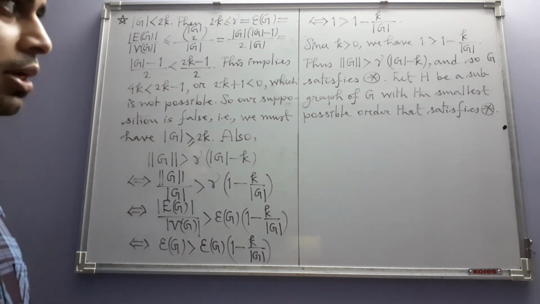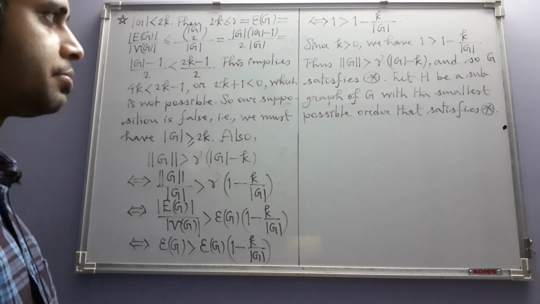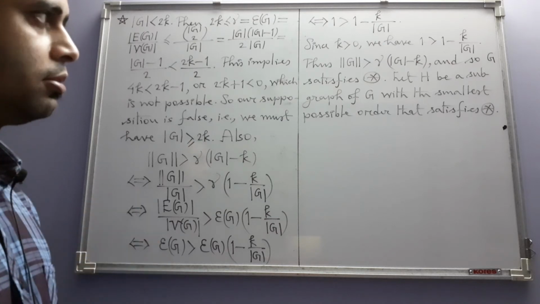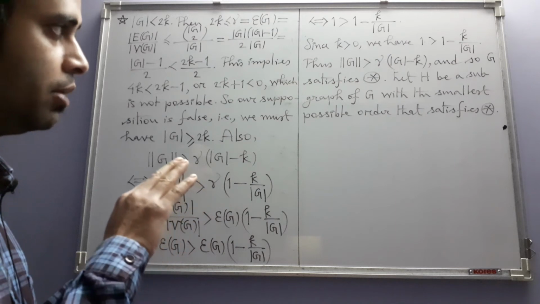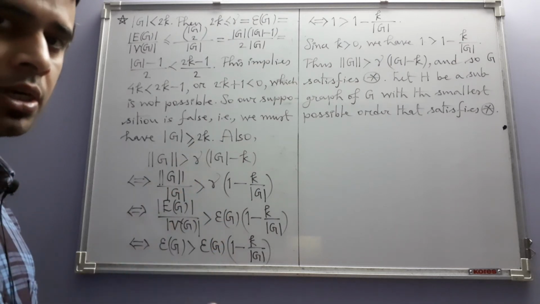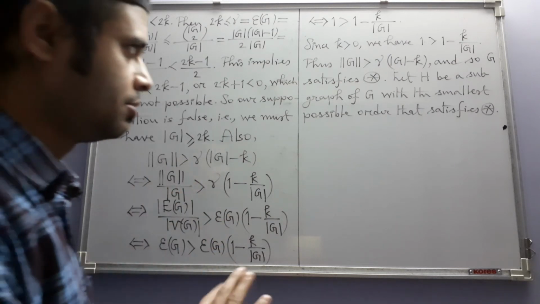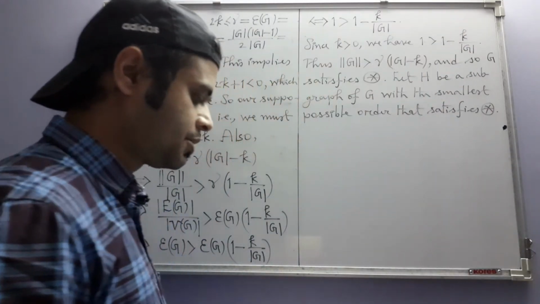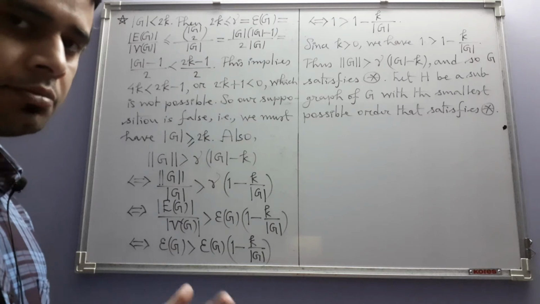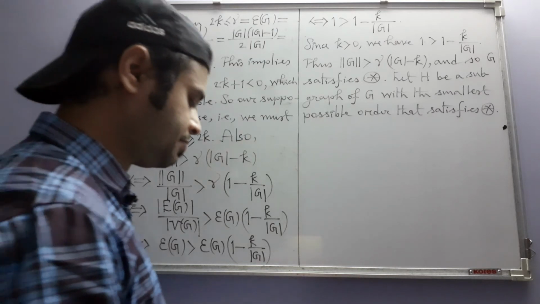Minimality of H will be used, and we are now going to show that H is in fact the required subgraph, which is k plus 1 connected and whose epsilon value is greater than the epsilon value of G minus k.